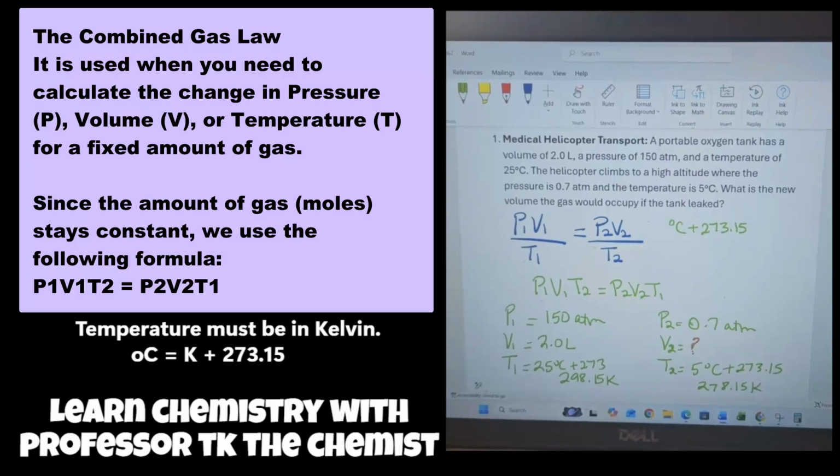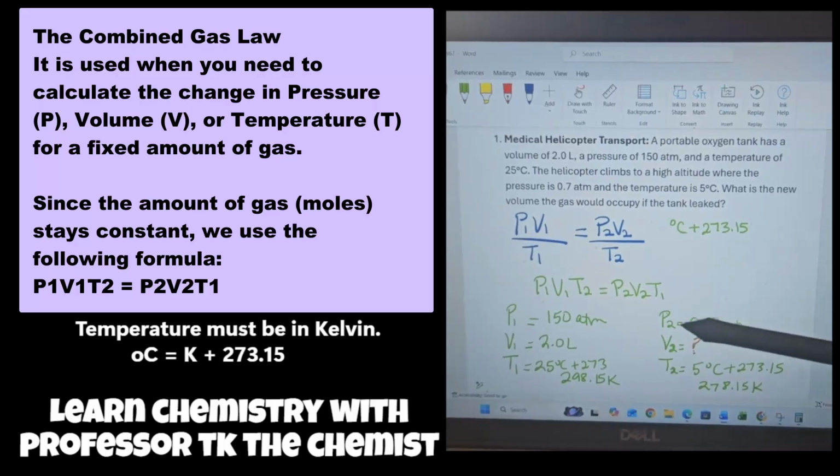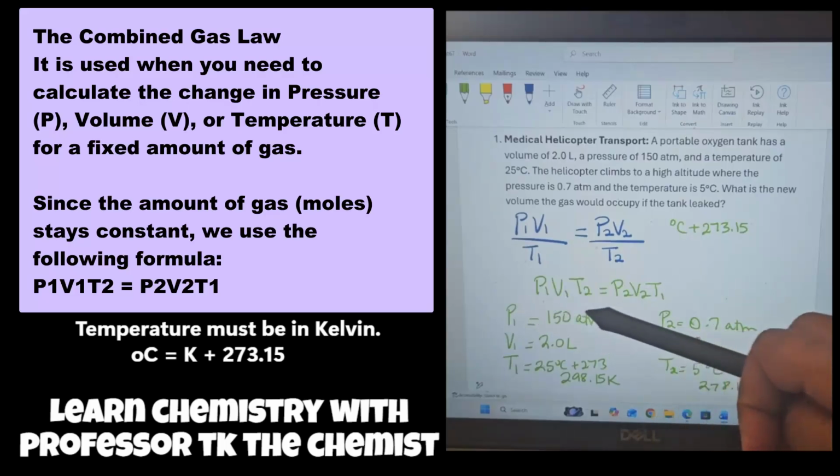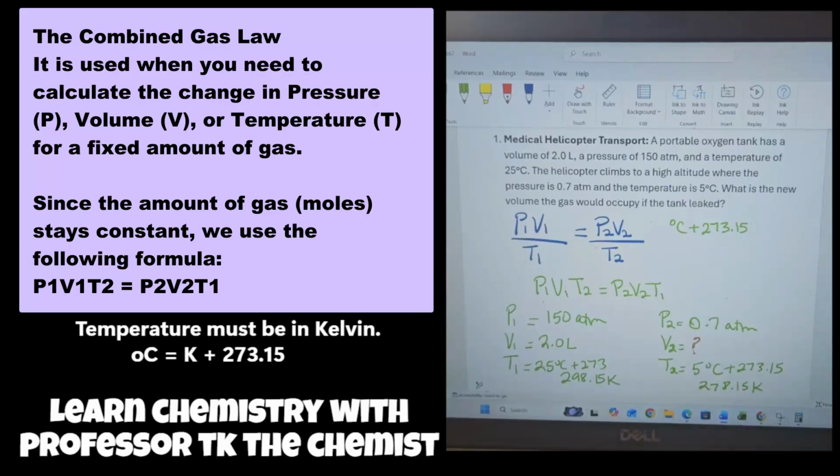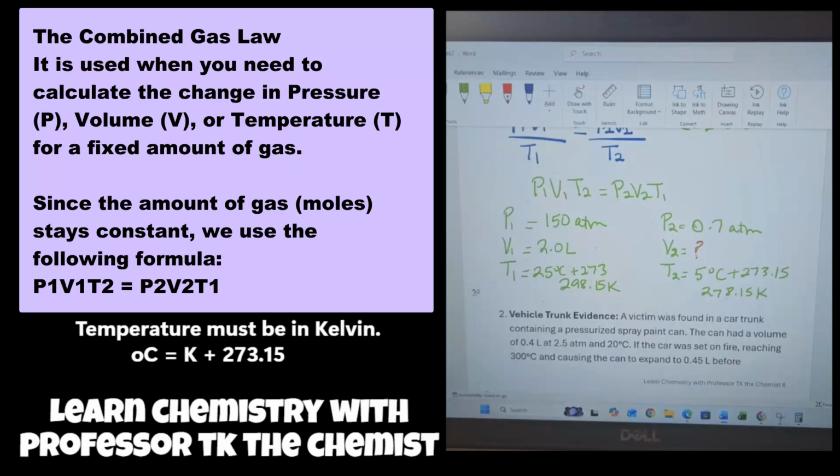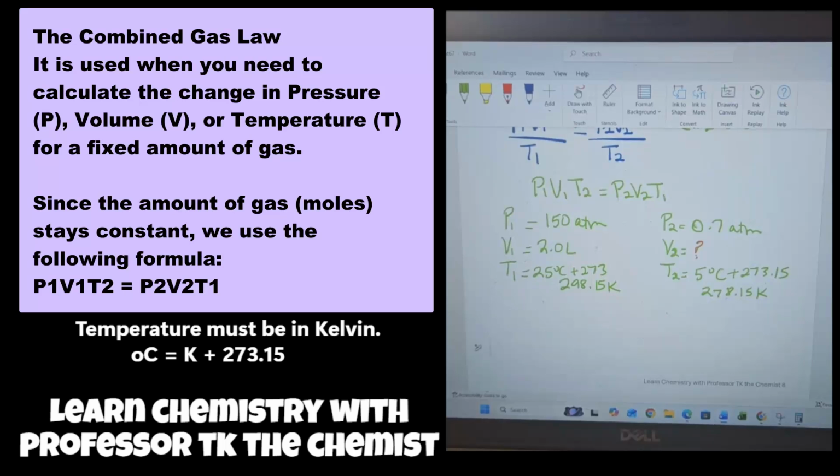So guys, remember what I said. If you look at this formula, you are going to solve for V2. That means these 3 numbers are given, and divide by the other 2. All right? So here we go. I'm going to squeeze this in right here because we're looking for V2: P1 times V1 times T2 divided by P2 times T1.